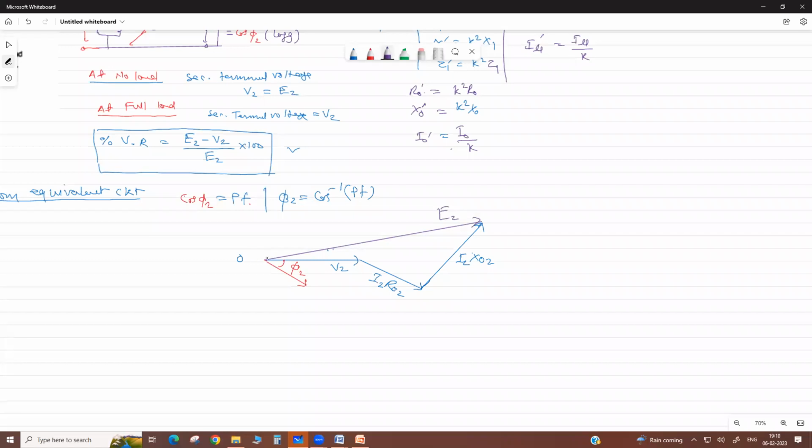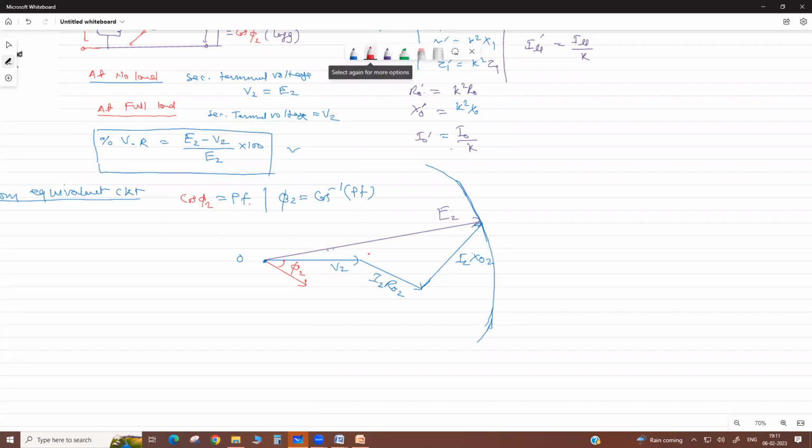Now we have to do some geometrical work. What we do? You have to take a compass, put the needle here, and draw a circle of radius E2. At any point of this circle, the radius will be constant, no?